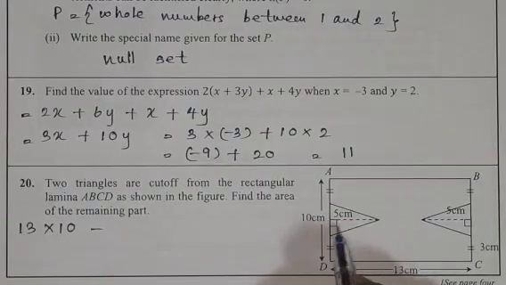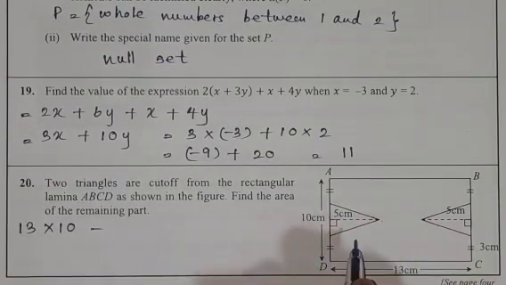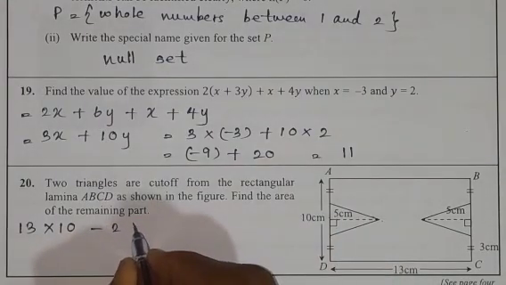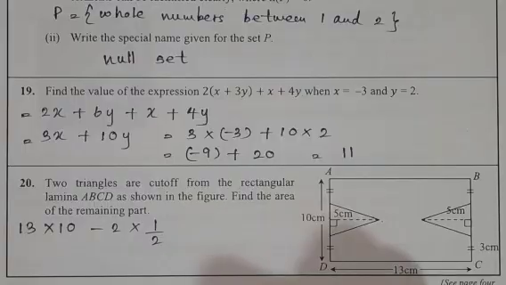the areas of the two triangles are equal. Here, the same base and the same perpendicular height here. What is the base of a triangle? 10 minus 6, that is 4.